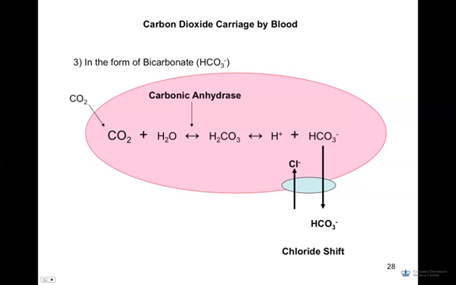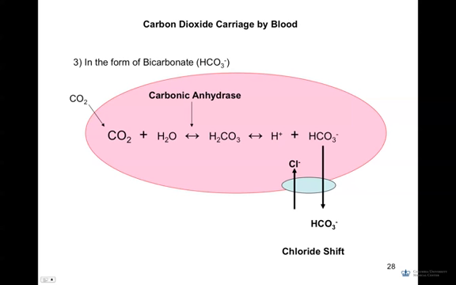Intracellular HCO3 levels start to drop. The direction of the concentration gradient for HCO3 switches. Now, I know it's not drawn, but now HCO3 moves into the cell through the exchanger. The exchanger starts to work in the opposite direction. HCO3 starts to move into the cell through the exchanger.